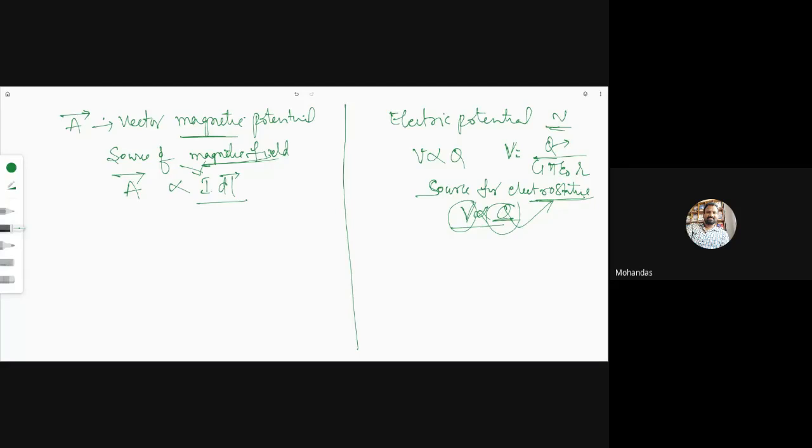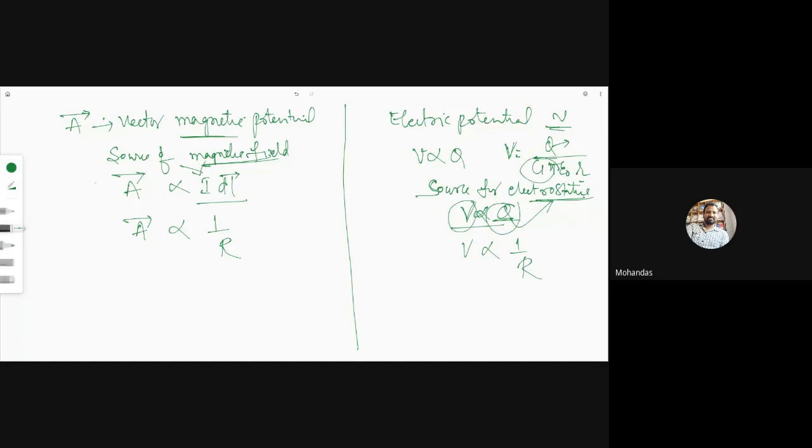A is proportional to I dl bar, and just as V is proportional to 1 by R, because V equals Q by 4 pi epsilon naught R, here also A is proportional to 1 by R, and compulsorily 4 pi will be there.